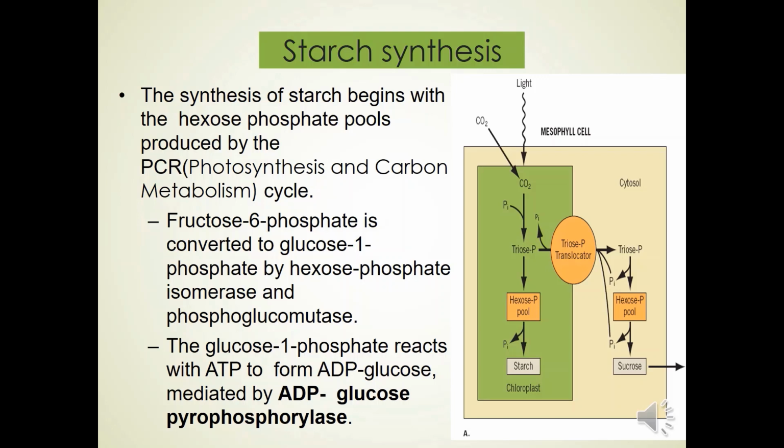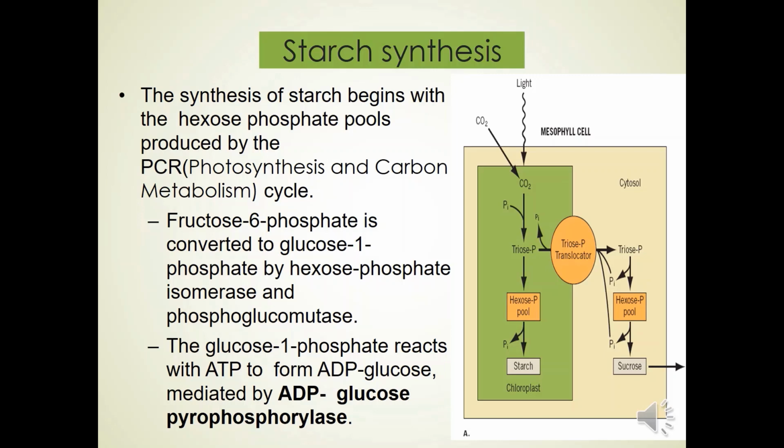Pool, what does pool mean? Pool means many of the hexose phosphate. And it is produced by PCR, which is photosynthesis and carbon metabolism. This means the synthesis of starch could be produced during two processes, photosynthesis and carbon metabolism.